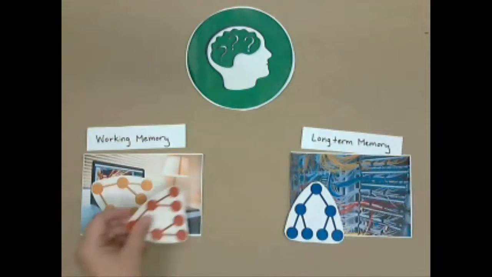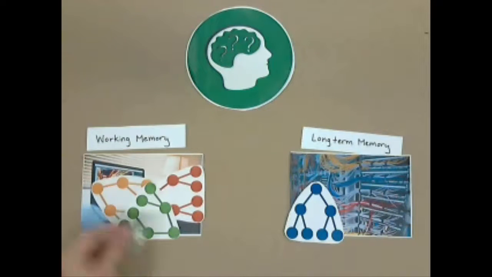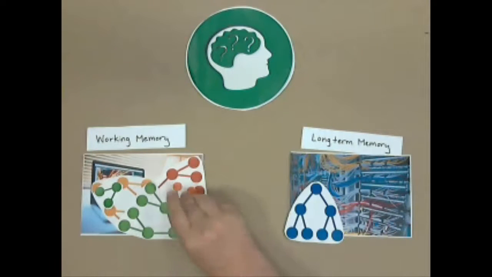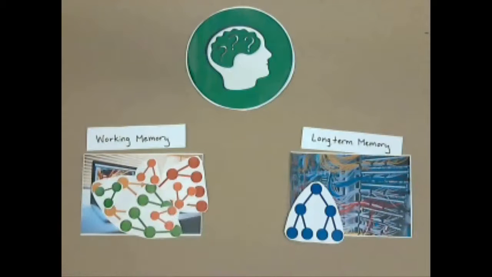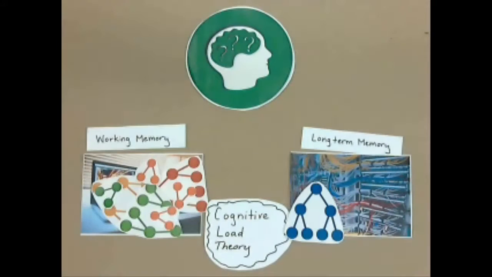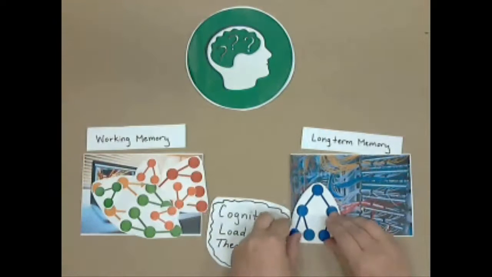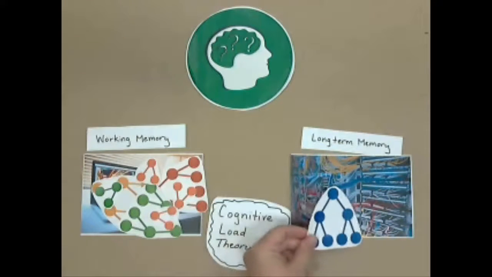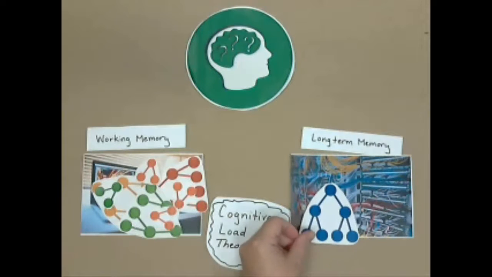If we're talking about surfing the internet, your computer may slow down or crash. But what happens in our minds can be addressed with cognitive load theory. Cognitive load theory takes this notion of the schemas that move from long-term memory to working memory and back, and says that as we're presented new information, we're taking that data and forming new schemas.